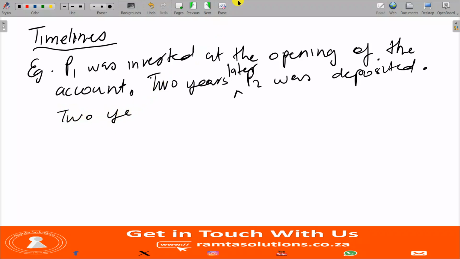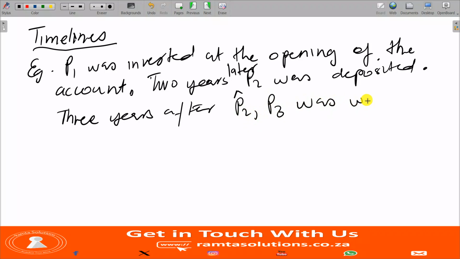And then 3 years after P2, P3 was withdrawn.